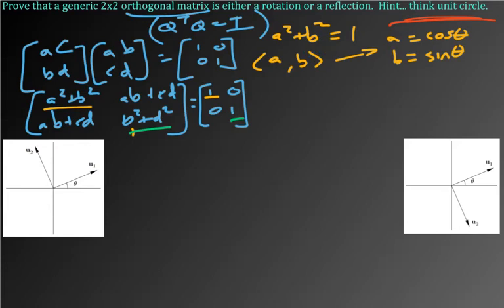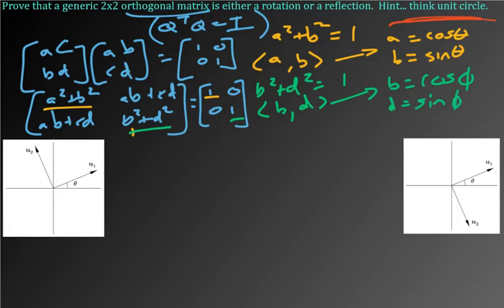Down here, if you have B squared plus D squared equals 1, then for that vector BD you'd get a similar thing: B could be cosine of a different angle, let's say phi, and D could be sine of that angle phi.